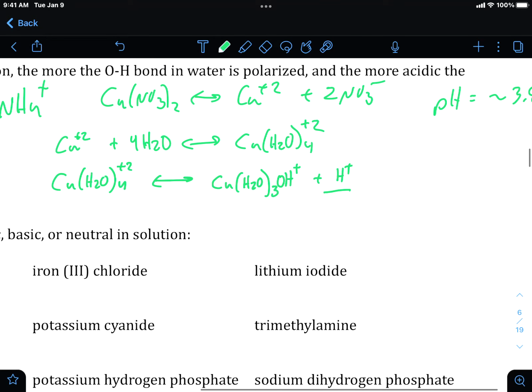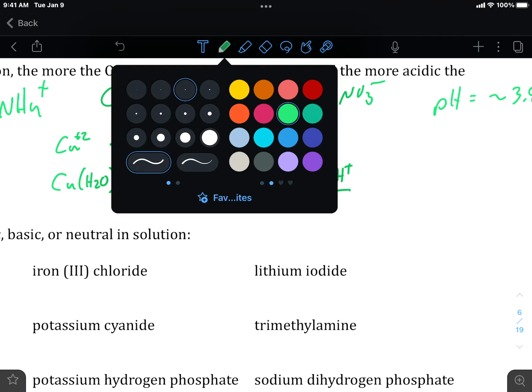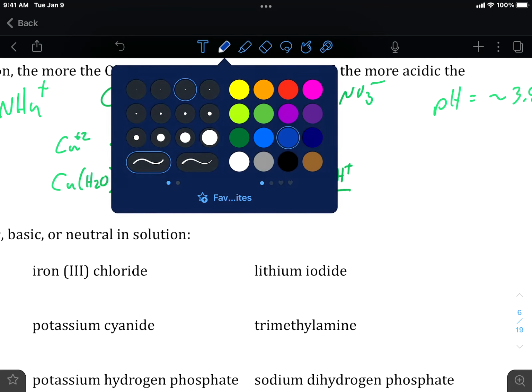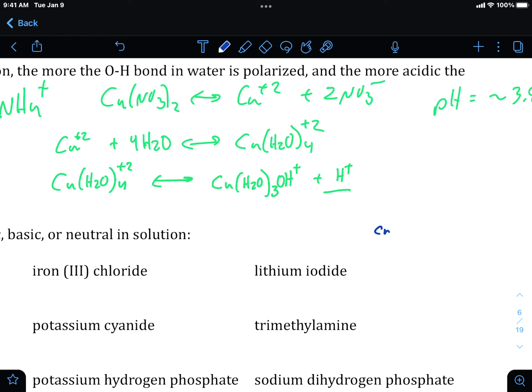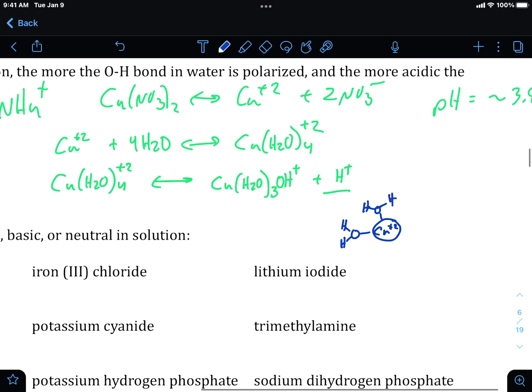So if I were to draw a picture to help illustrate that. Okay, so here's copper, right? Here's one water. Here's another water. Here's another water. Here's the 4th water.